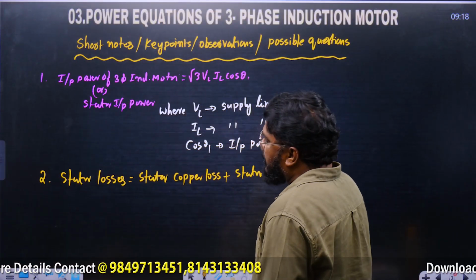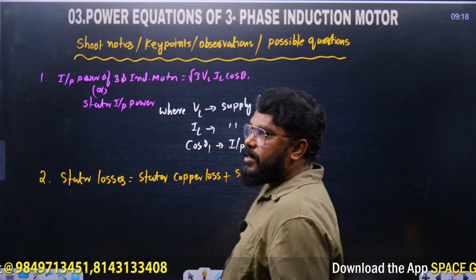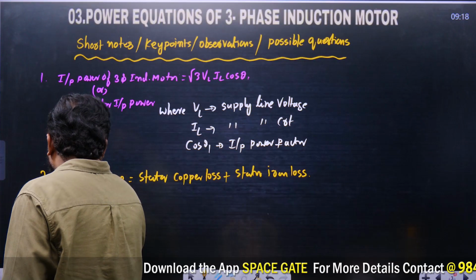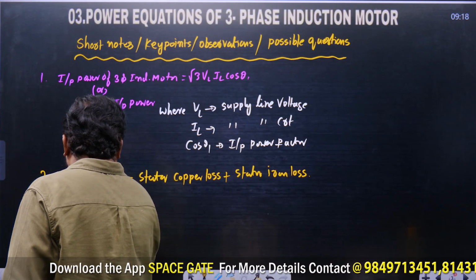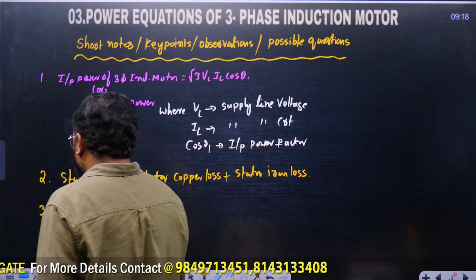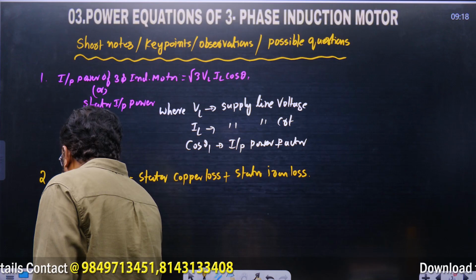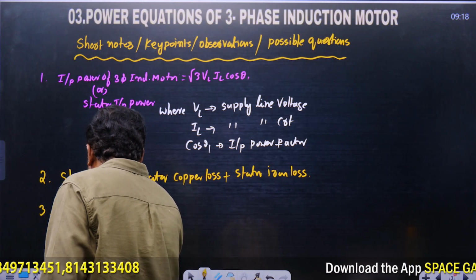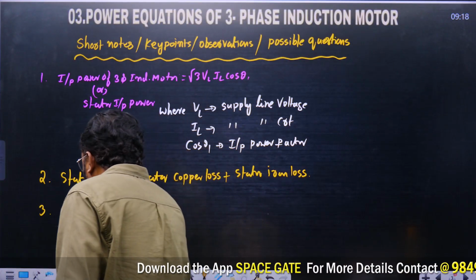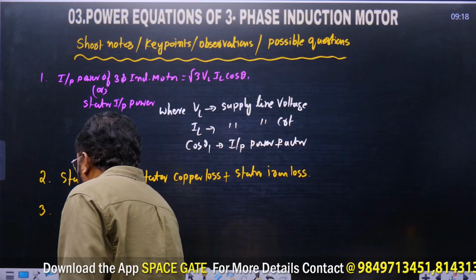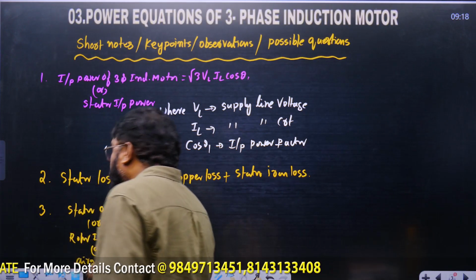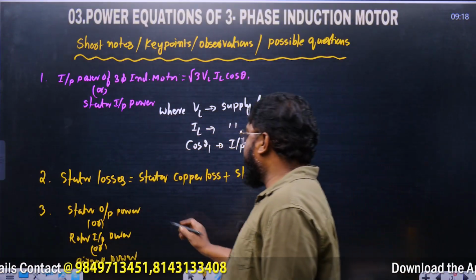From the stator losses, we can find the stator output. The third one is the stator output power. Another name for the stator output power is the rotor input power, also called the air gap power.